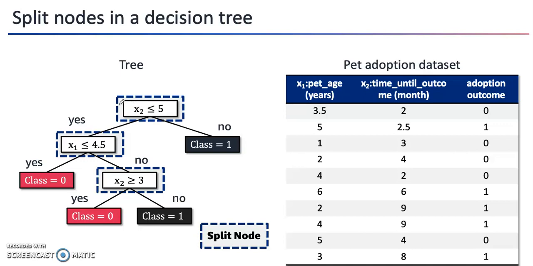For example, we may start with this condition and then go along this branch and then move on to this branch. These are examples of split nodes for this scenario. The root, which is the beginning going from top to bottom, is also considered a split node.